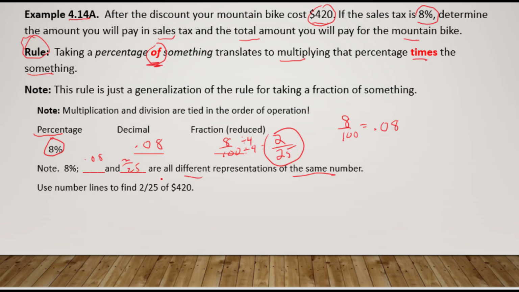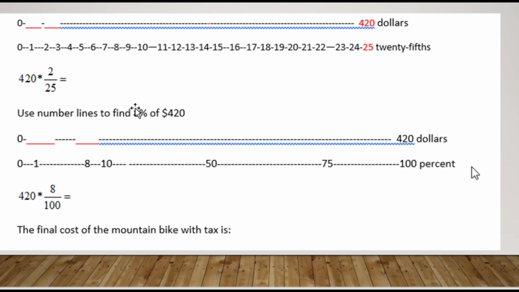Right? So we're going to use the number line to find 2/25ths of 420. And then we'll use the number line to find 8% of 420. So here's our number line, and here's 25ths. So 25 25ths would be the whole, which in this case would be $420, right?